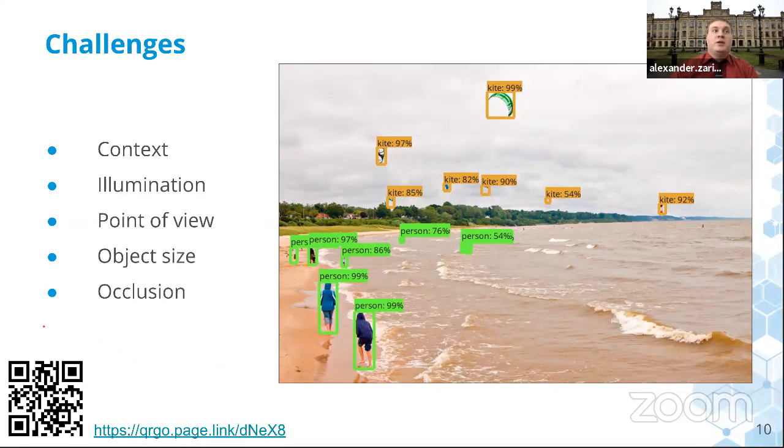And also we need to properly detect occluded objects, which means that we must precisely localize our objects even when they are heavily occluded by other objects or by some background stuff.